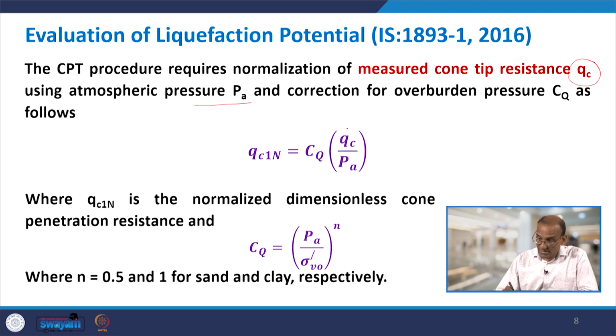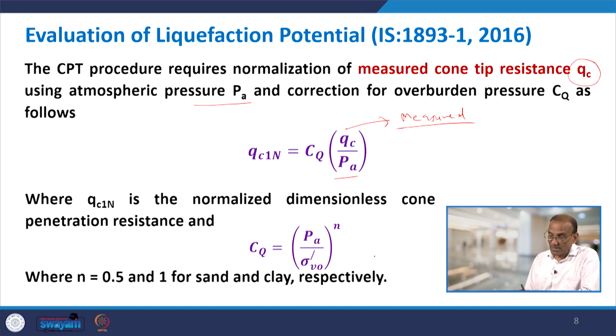So QC is the value measured in the field, and it is normalized with PA, and multiplied by a correction factor for overburden, CQ, which depends on your effective overburden pressure at the depth.